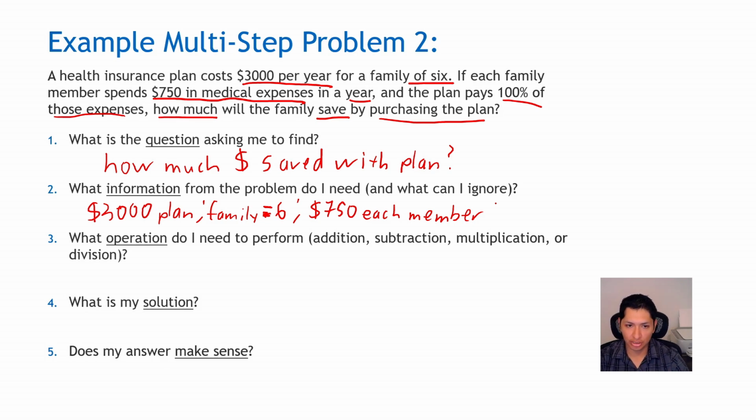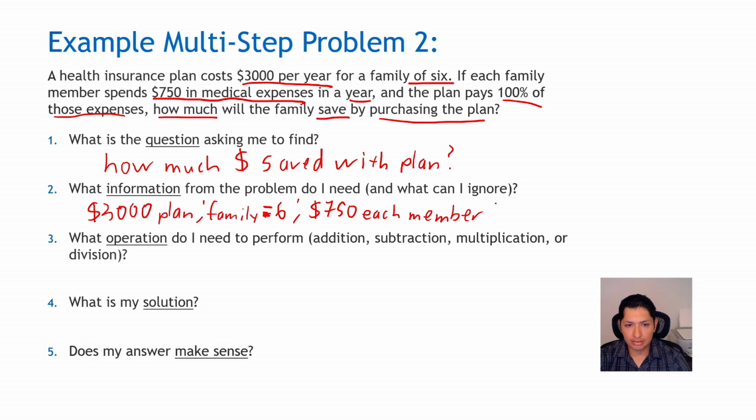Instead of paying $6,000, you pay a $3,000 health insurance plan that covers all your medical expenses, and so you save money, right? You do not want a health insurance plan if you spend less than what the health insurance company costs. If you spend $3,000 on health insurance in a year and you only spend $500 of medical expenses, well, the health insurance plan will cover those $500, but you spent $3,000 for that health insurance plan. So you didn't save money, you lost money, right?